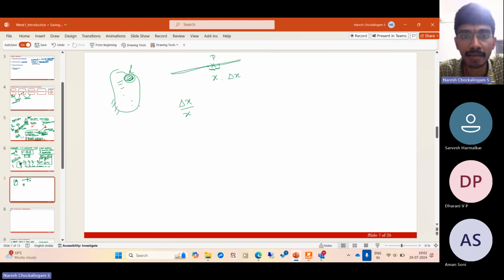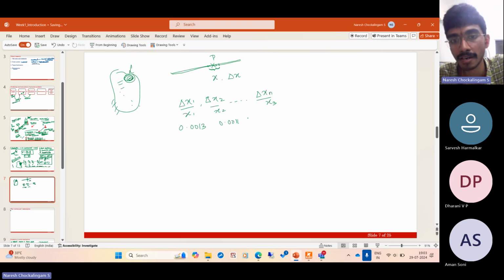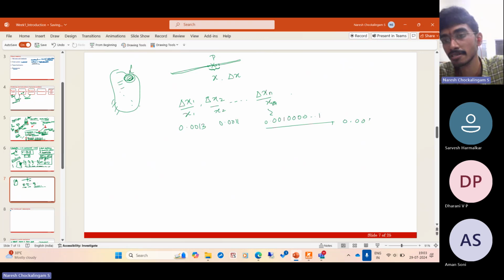Again, you can do the same process. Keep taking smaller and smaller segments enclosing the point. You get a sequence of numbers, delta X1 by X1, delta X2 by X2, and so on, up to delta Xn by Xn. This can start from 0.0013, go to 0.0011, and so on, and the sequence converges to something like 0.001.